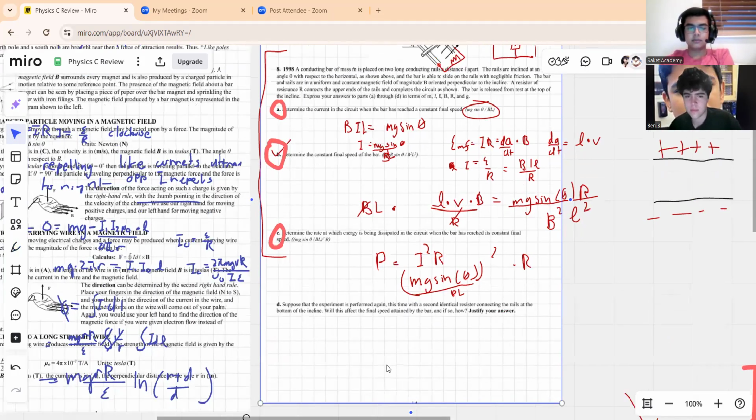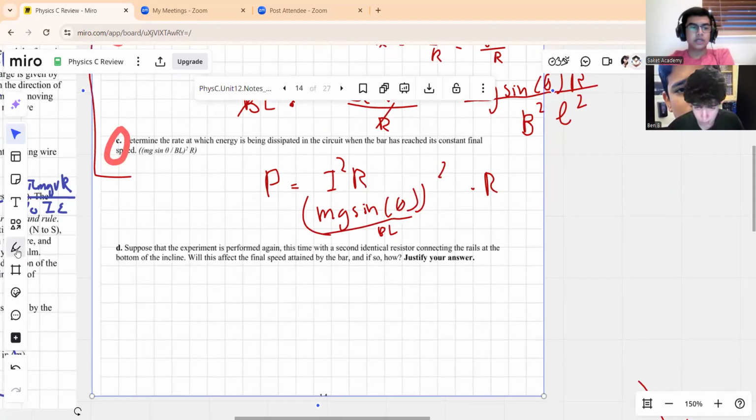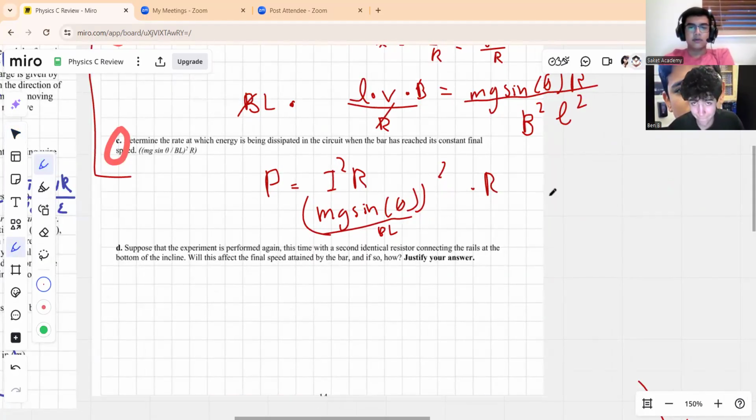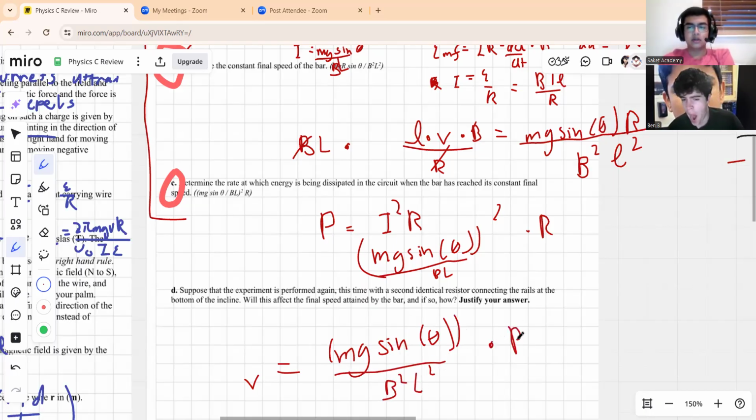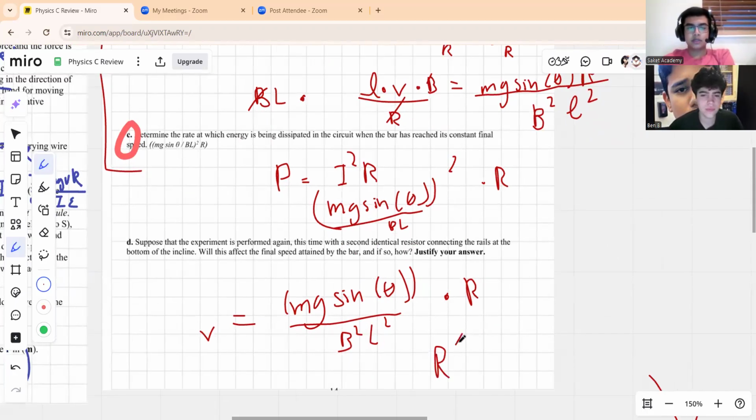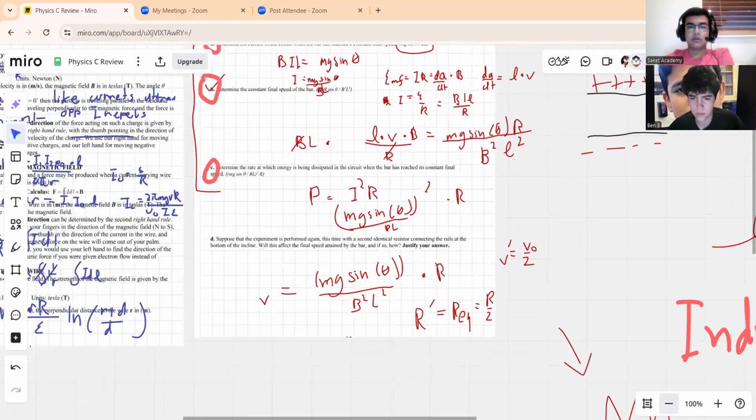And so D, because we're looking at now, V is equal to mg sine theta, and I'm writing this in a specific way just so you can see later, over B squared L squared times R. And because R prime is equal to R, this is true. So this is a good problem to really understand.